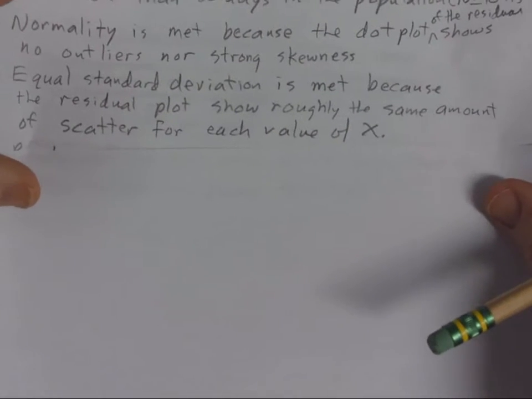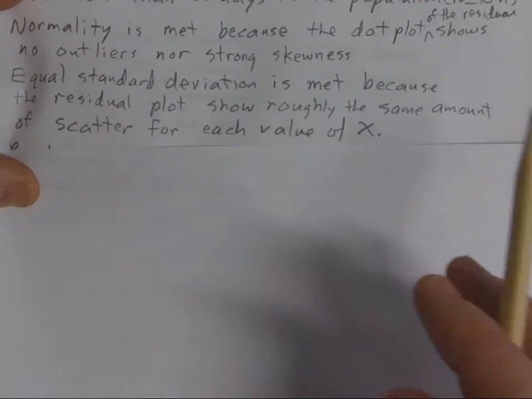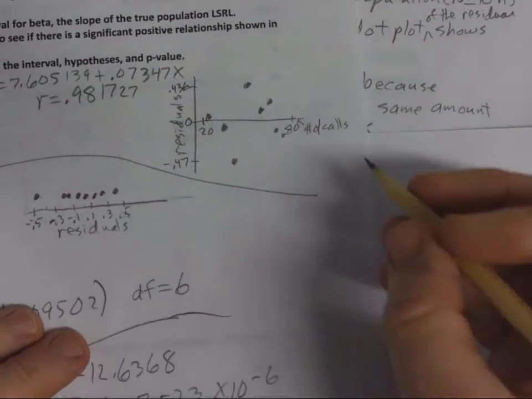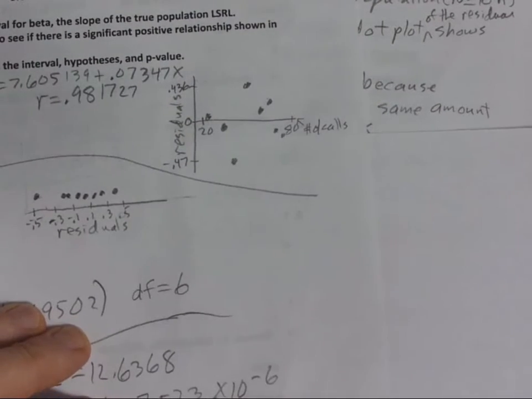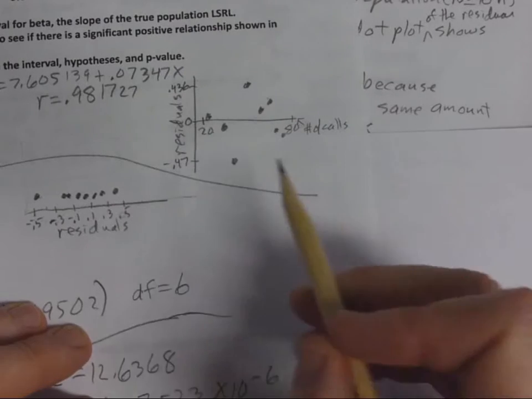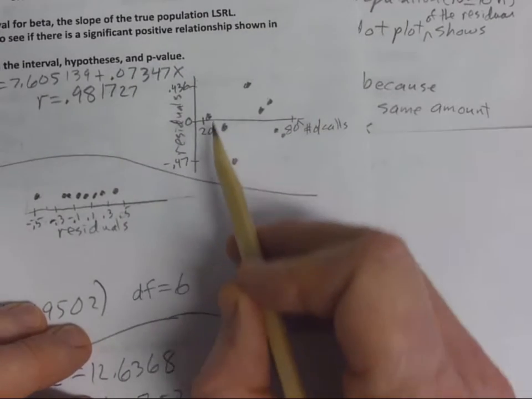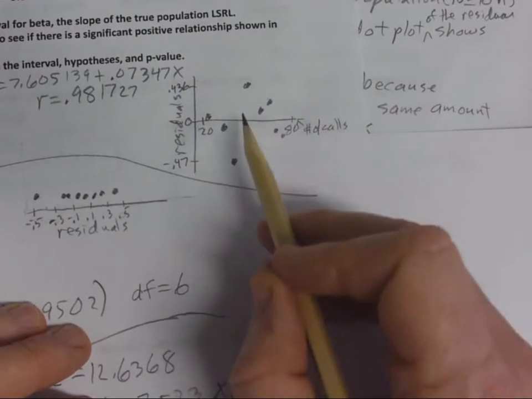Now, the next condition is equal variance or equal standard deviation. What we're going to do there is we're going to look at the residual plot. Now, when you look at the residual plot, you'll notice, and with 8 points, it's really difficult to check this, honestly, but for every value of x, it needs to be going up and down an equal amount.